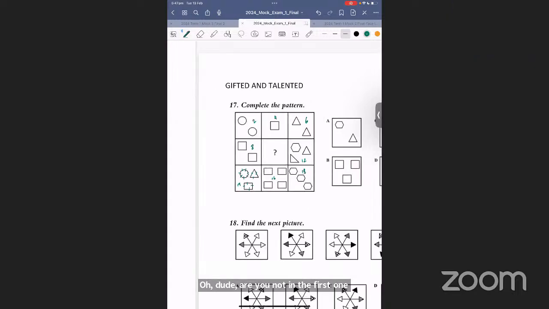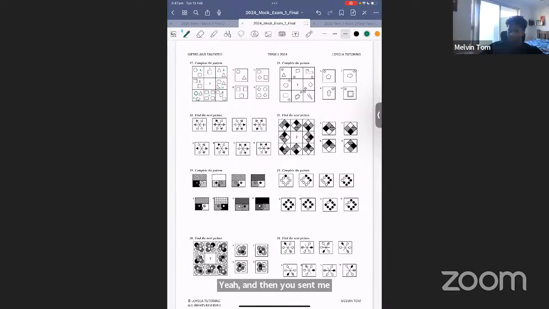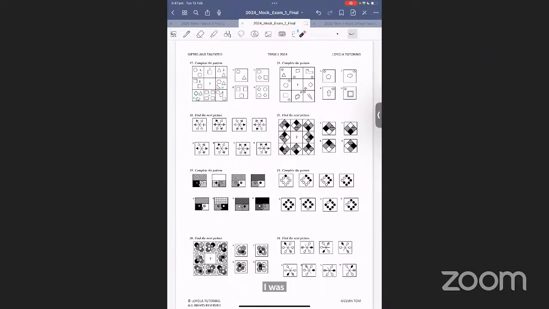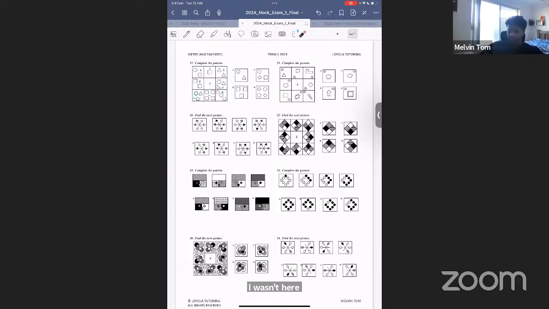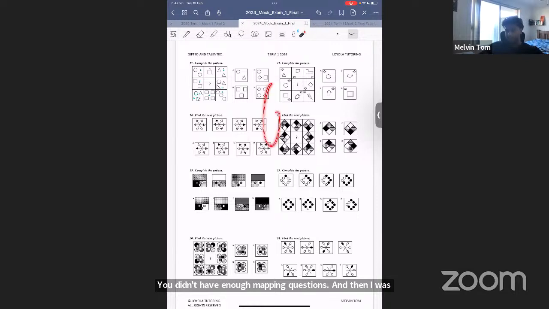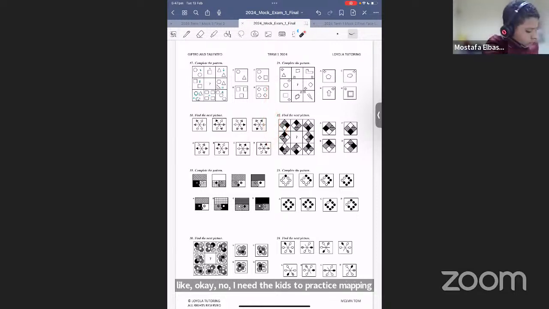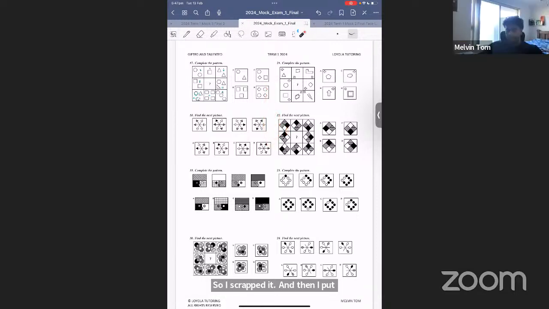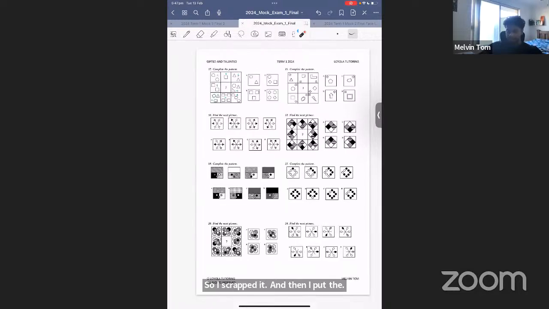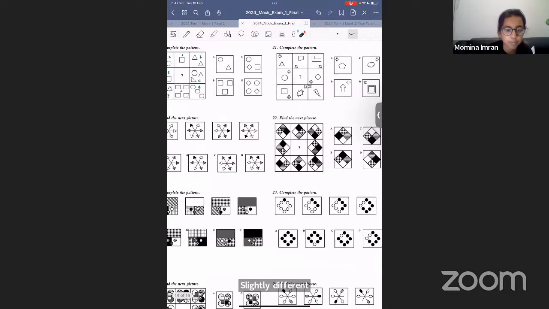You sent me the updated version? Yeah, the main reason was this paper, although the questions are very interesting, it didn't have enough mapping questions. And then I was like, okay, I need the kids to practice mapping, so I scrapped it, and I went with a slightly different version of this. I have another question, if you don't mind.